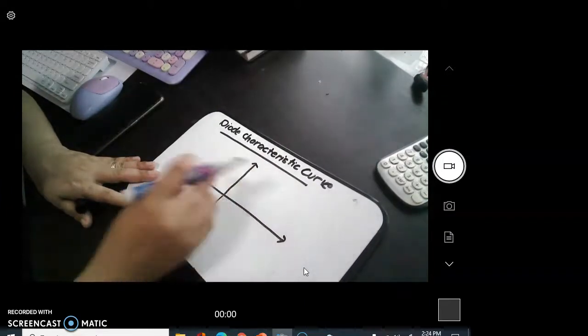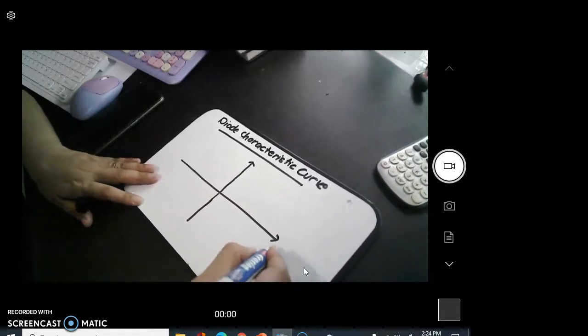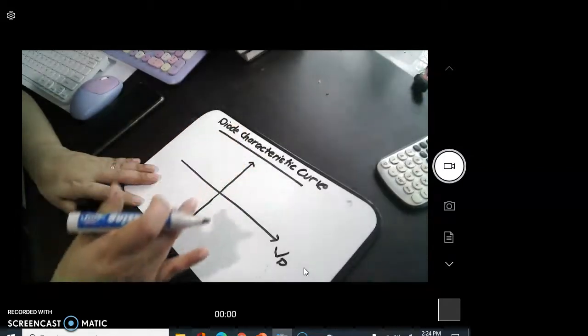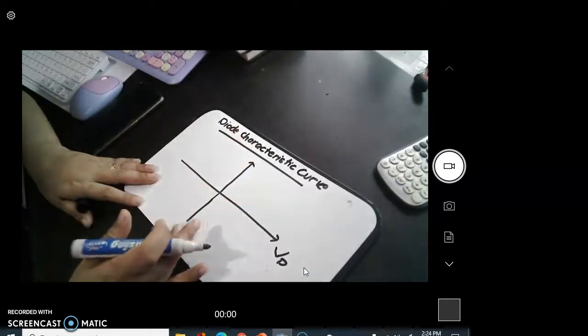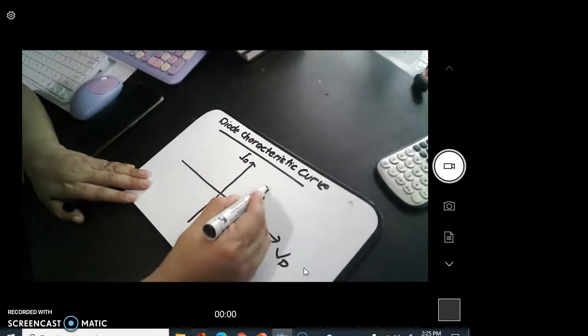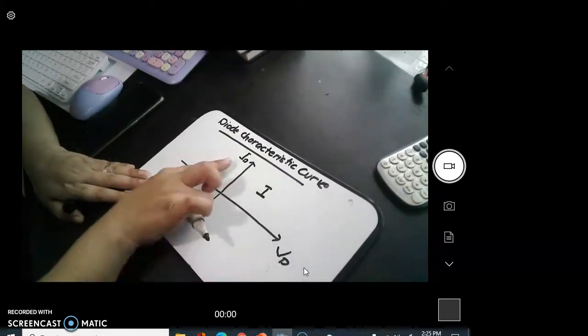The values along the x-axis are the diode voltage, and the values on the y-axis are the diode current. As we all know, quadrant 1 has positive values for x and positive values for y.